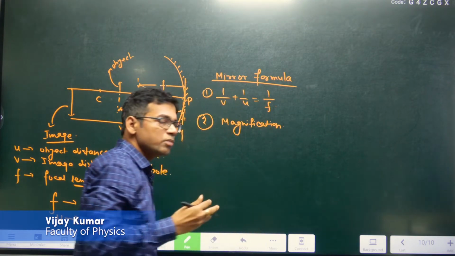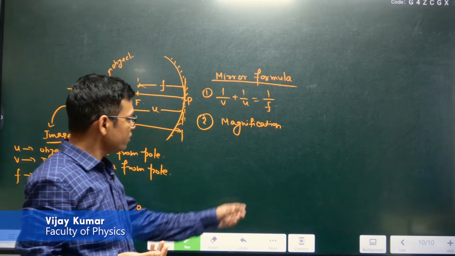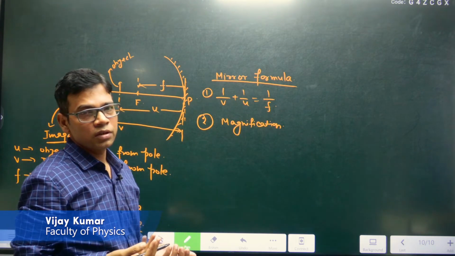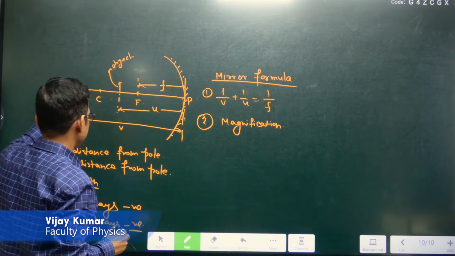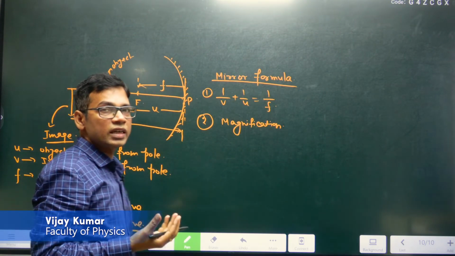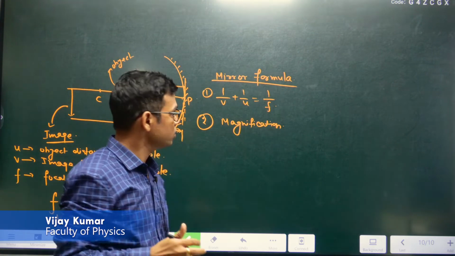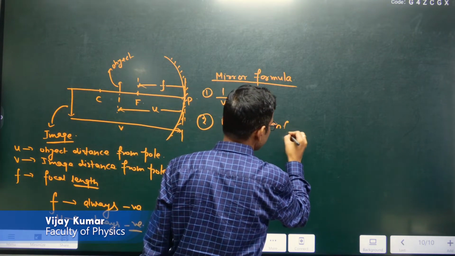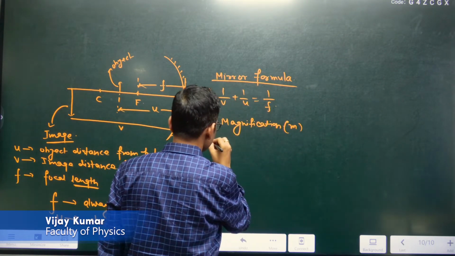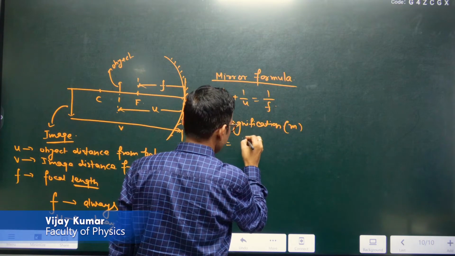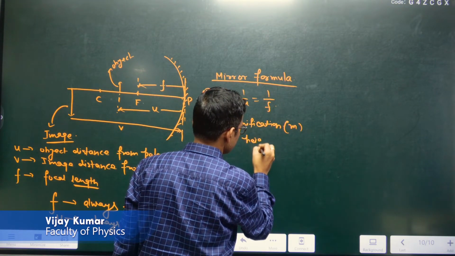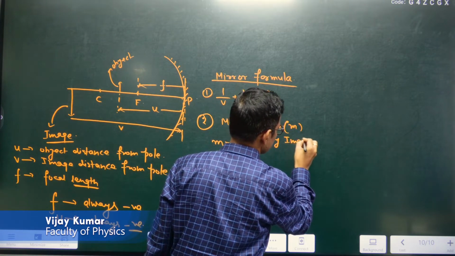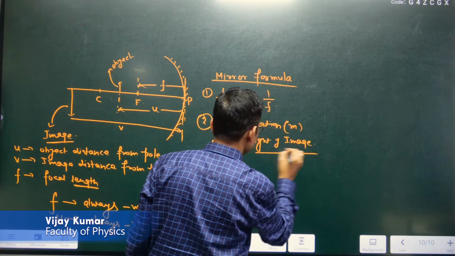Magnification gives an idea about the size of the image and the direction of the image. Magnification is represented by a small m, and it is equal to the height of the image divided by the height of the object.